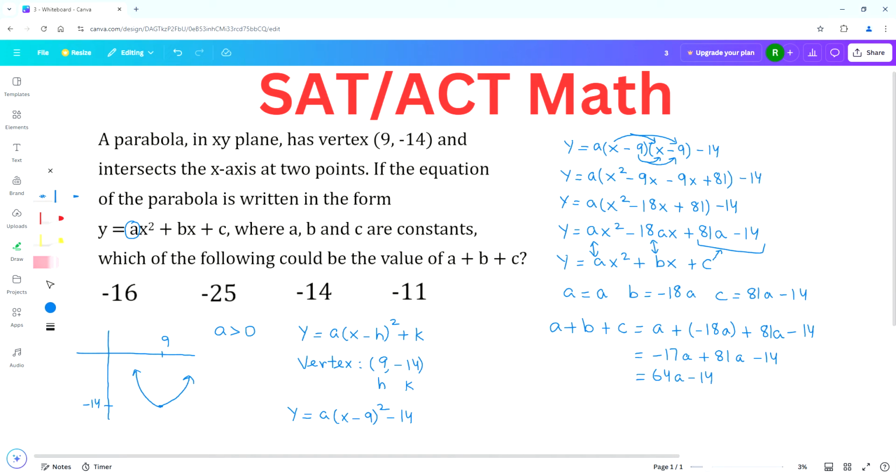This is the expression for a plus b plus c, minus 14. We have to find which of the four given answer choices could be the value of a plus b plus c. As per our analysis, a should be a positive value, any value greater than 0. Therefore, the value of this term 64a will be a positive number.